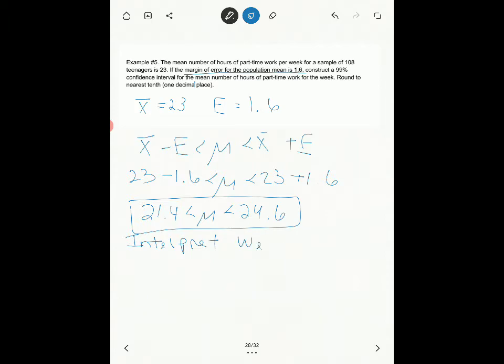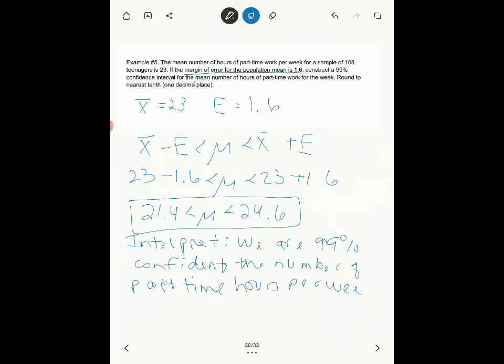To interpret this, we would say we are 99% confident the number of part-time hours per week for teenagers is between 21.4 and 24.6.